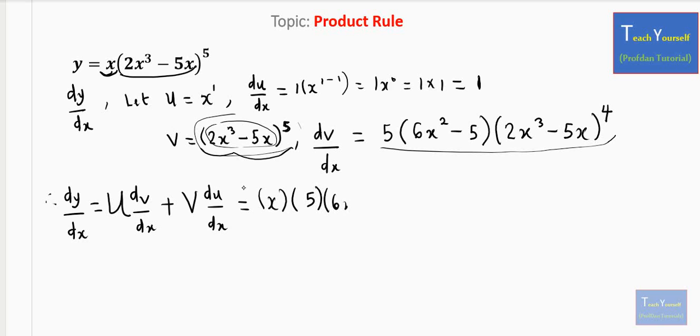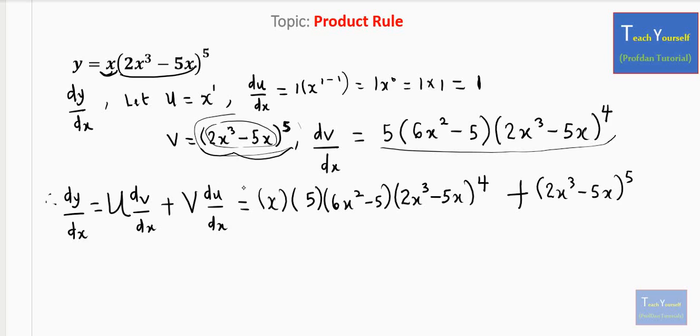We have (6x^2 - 5), and we have (2x^3 - 5x) power 4, plus v. Our v is this. We have (2x^3 - 5x) power 5, and we have du/dx, which is 1. Okay. So all that is left is a simplification.